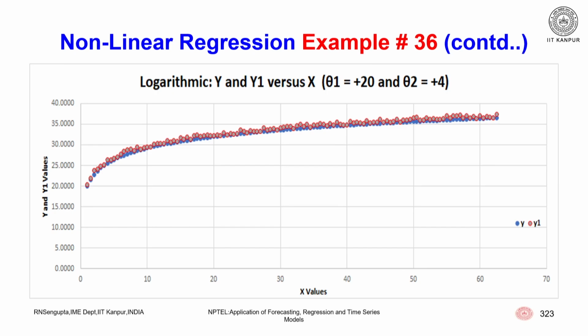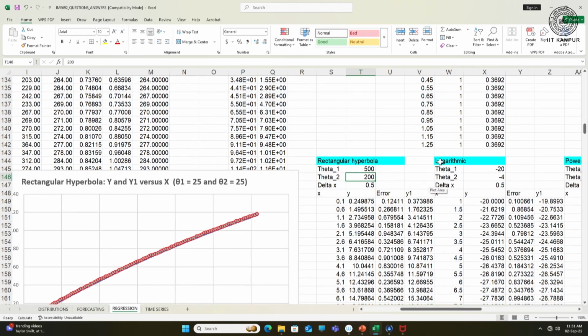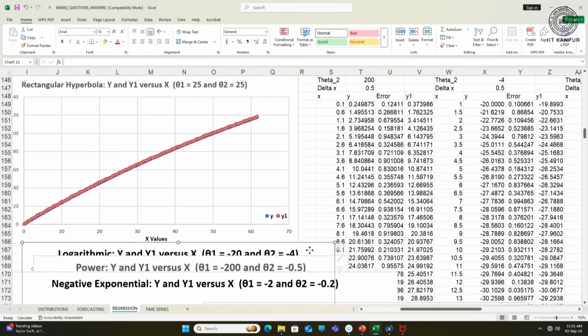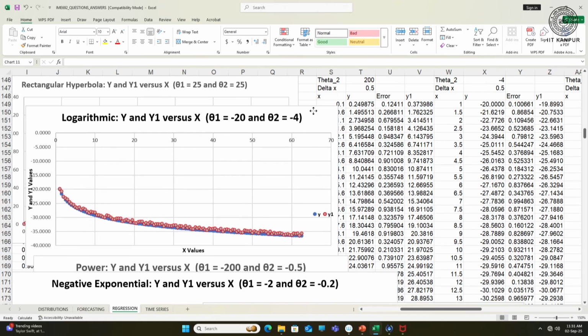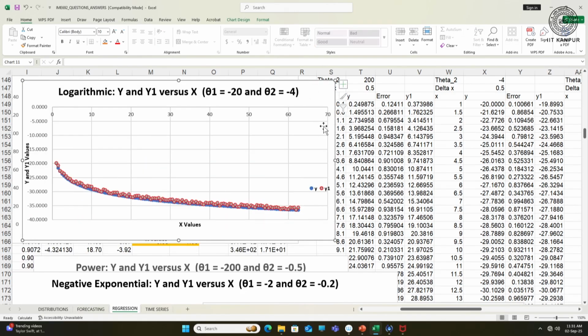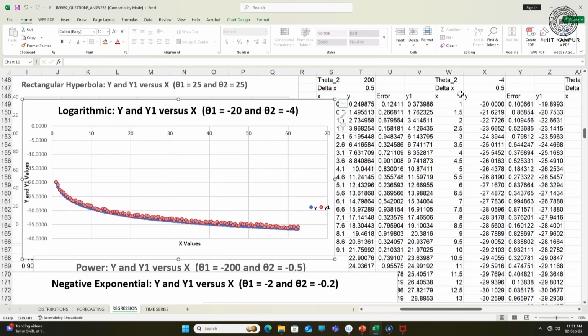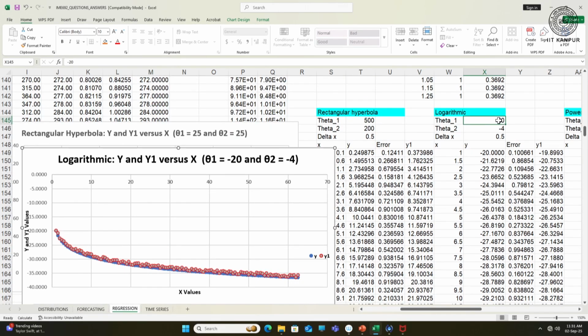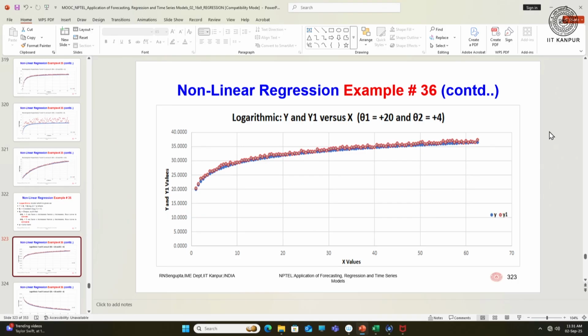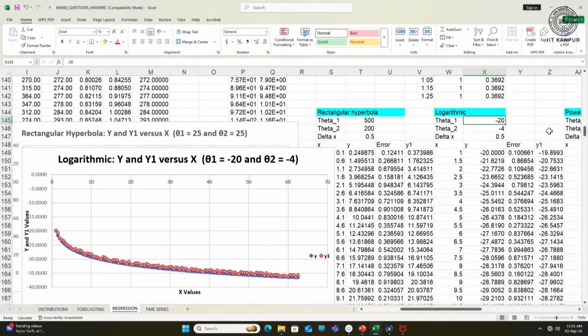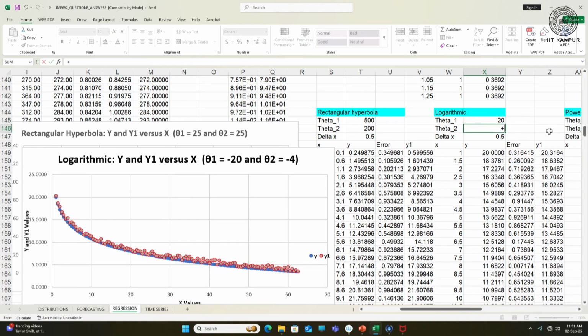With this diagram, if I now switch to the Excel sheet, this set of values which you can see, the logarithmic one, is shown, and the logarithmic curve is also there. I will bring it forward. Let us consider the logarithmic one with theta 1 as plus 20 and theta 2 as plus 4.